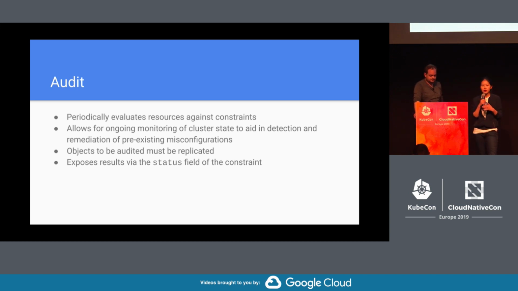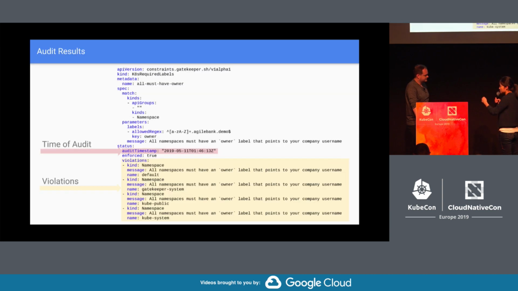And in order for the audit feature to work, the objects that are audited need to be replicated once again into OPA. And the audit results are actually exposed in the status field.